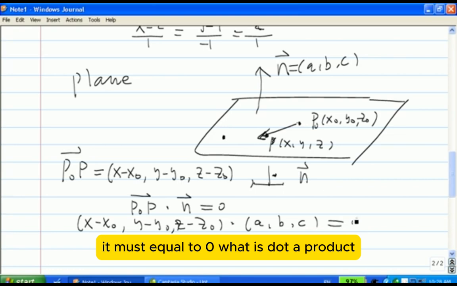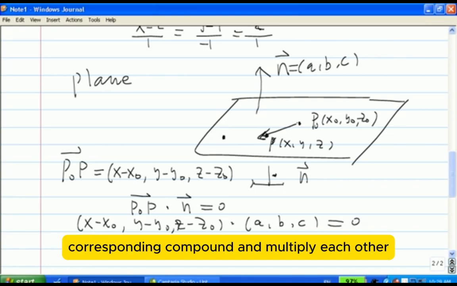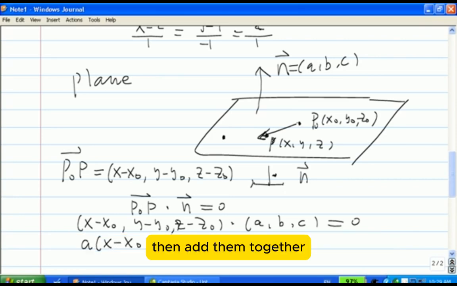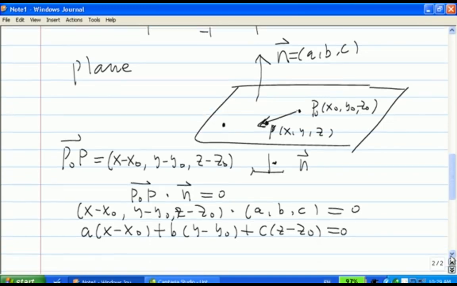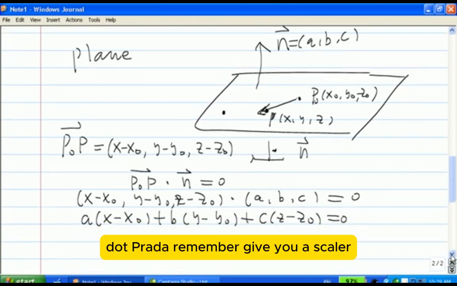They must equal 0. What is the dot product? Corresponding components multiply each other, then add them together. Remember, the dot product gives you a scalar.